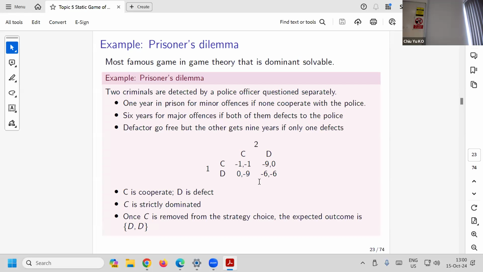We're stuck there, right? And if you look at the big literature on political economy and political science, this is the fundamental thing they study. They try to understand how to get from here to here.